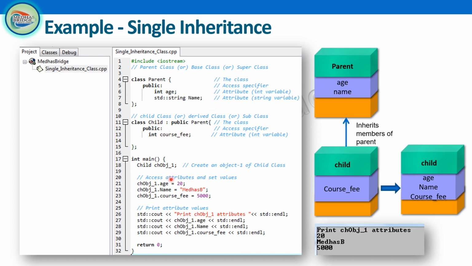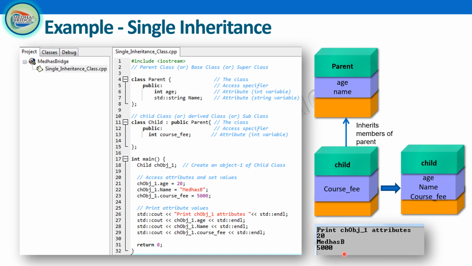Let's see the main program. In main, we created an instance of the child class, and we initialize the values of the three attributes of the child class, and then we try to print them.